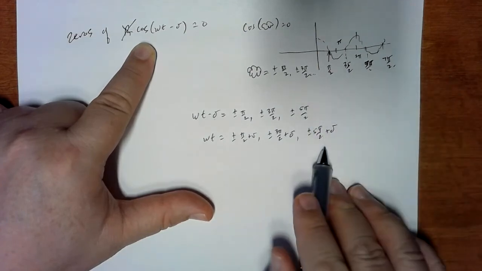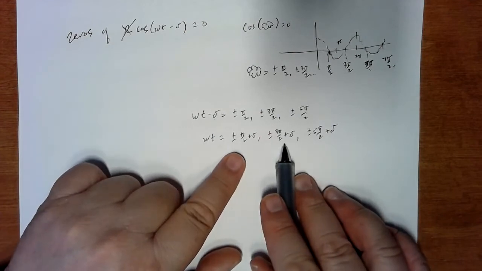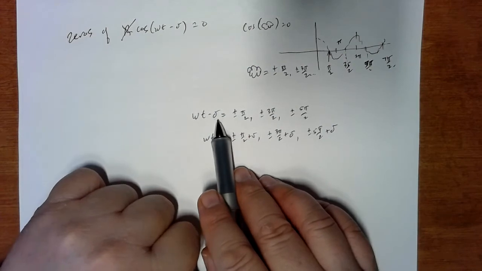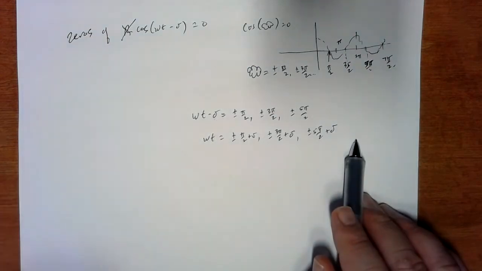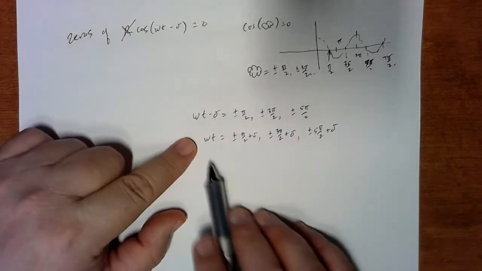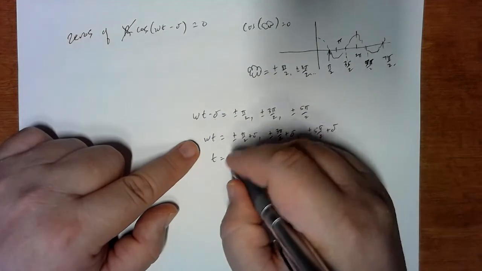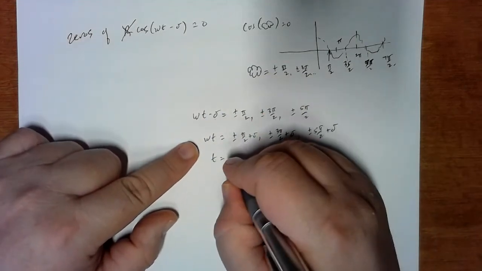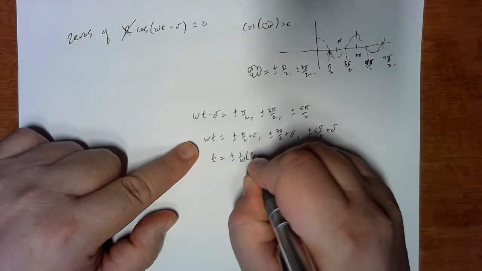And you might be saying, hey, what just happened there? Didn't we just shift our zeros forward by delta units? Didn't you tell me that the phase shift wasn't really delta, it was delta over omega? Ah, yes, we did. But see, we're not finished yet. We've got to divide everything by our omega here. So we get plus or minus 1 over omega times pi over 2 plus delta.